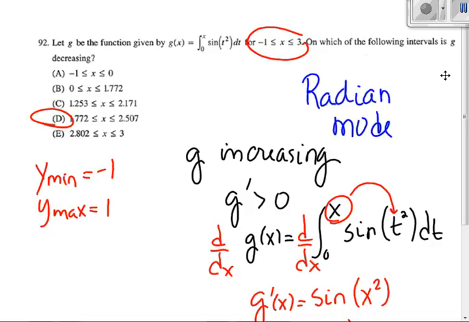Are you in radian mode? And then I want it from -1 to 3. Yep. And so you're going to have to find that point there. So it's where the sine of x is greater than 0, right? Right. I'm going to make this easier for you, though.